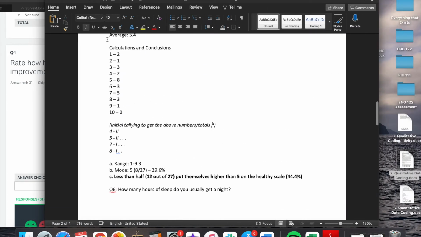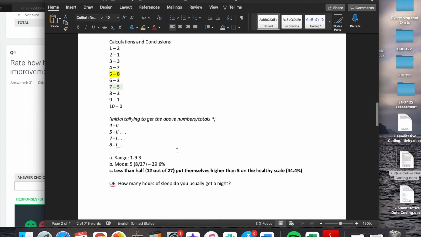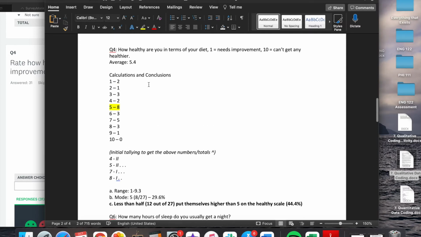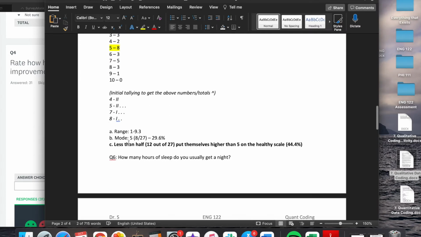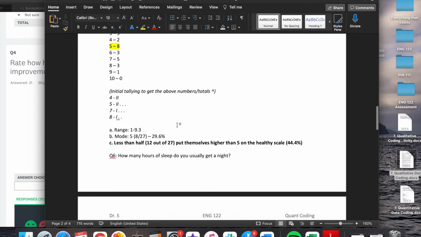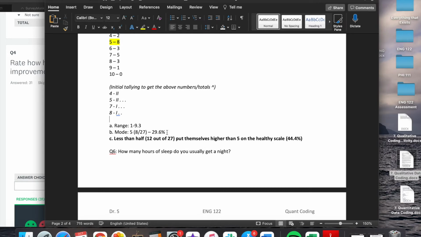So I look at my tallies, or if you did multiple choice, it would just show you, you could just automatically see that most people put that they were a 5. I guess quite a few people put they were a 7, but the mode or the most, so we have average, range, and mode, if you can remember like 5th grade math or whenever they taught us that.